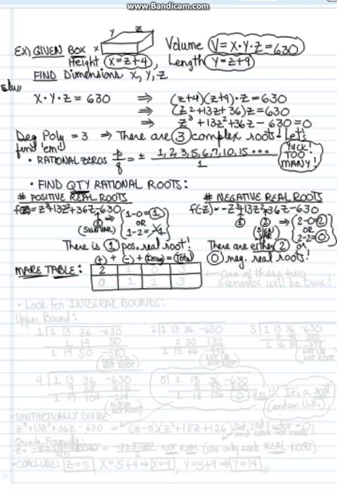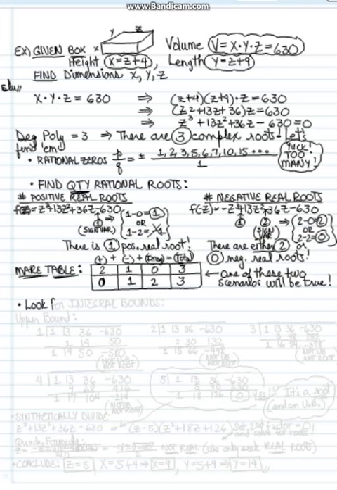You know what? I got this mixed up. The first column should be negative real roots, and the second column should be positive real roots. Then everything fits. So just change the signs on the top of the box. One of these two scenarios will be true when we finish this problem.